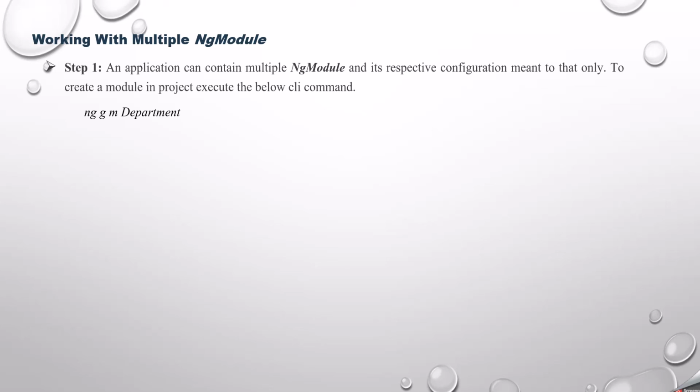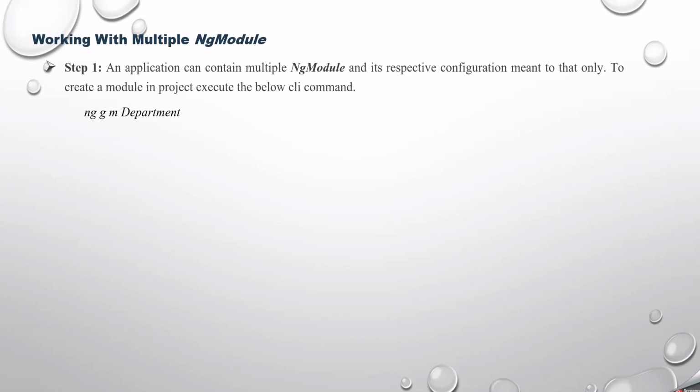You can have an admin module, a user module, a login module, many modules. It's better to split in some cases if the requirement suggests, so that it will be maintainable as well. How we are going to behave and work with multiple NgModules, we are going to discuss here.